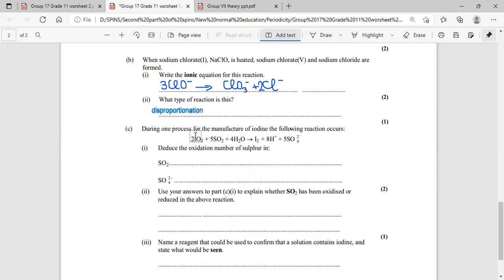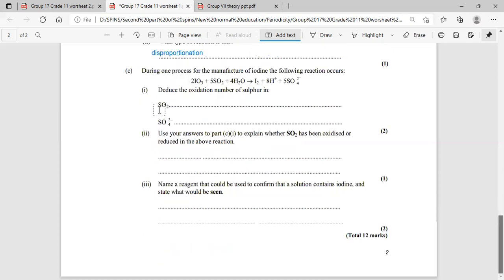During the process for the manufacture of iodine, the following reaction occurs. Deduce the oxidation number of sulfur in sulfur dioxide. For this question, can I ask Natalie?